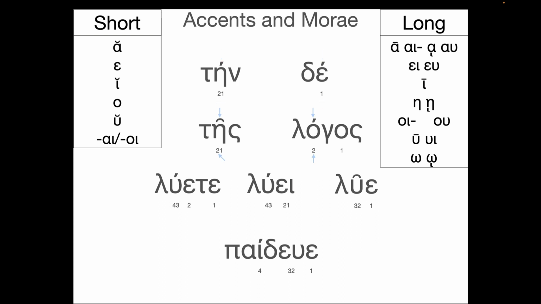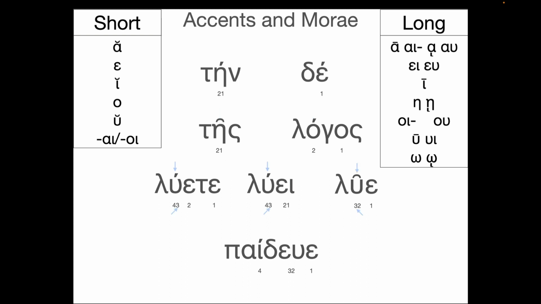Mora 2 is carrying the high tone in both of the words on the second line. The circumflex accent of tas on the left shows you that the leftward mora of the bimoraic vowel is carrying the tone. Logos has a unimoraic vowel that is accented here. So again, the acute just shows you the 1 mora in a unimoraic vowel has the tone.